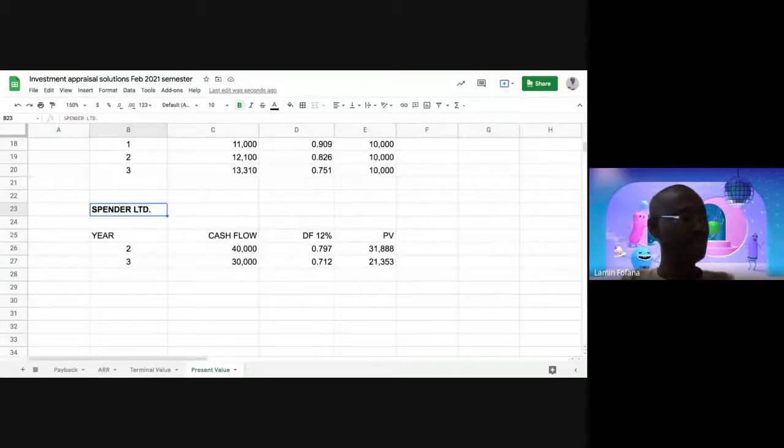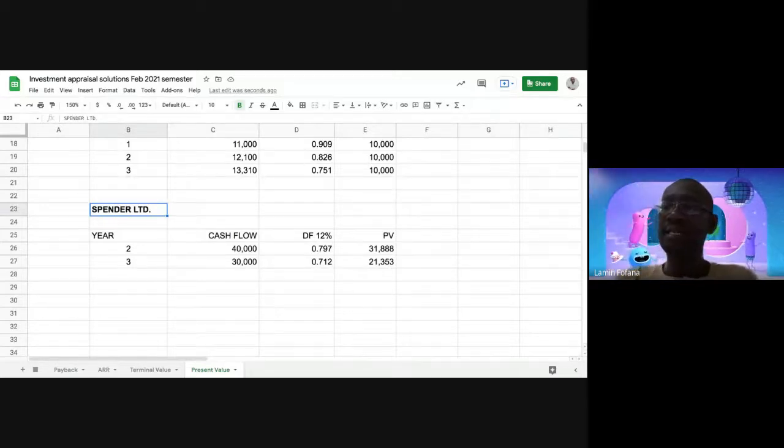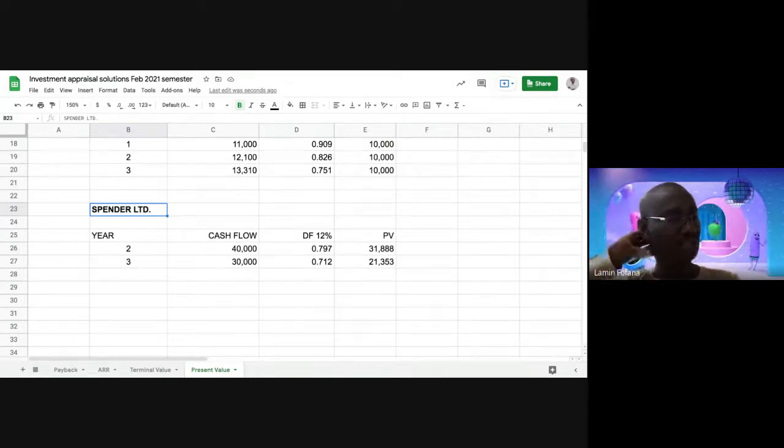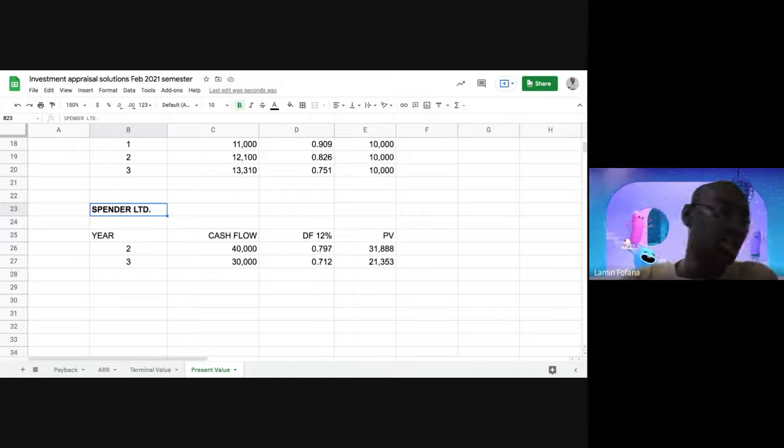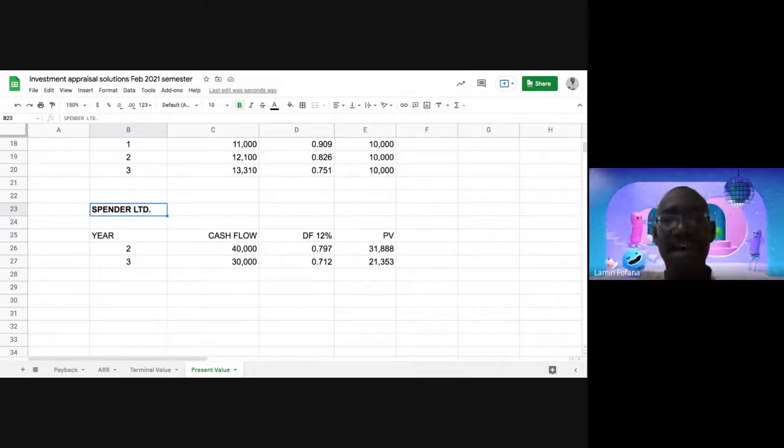NPV analysis, otherwise called net present value analysis, is simply the difference between the discounted cash inflows and discounted cash outflows. So when you calculate all your cash flows, both ins and outs, the difference between the ins and outs is your net present value.